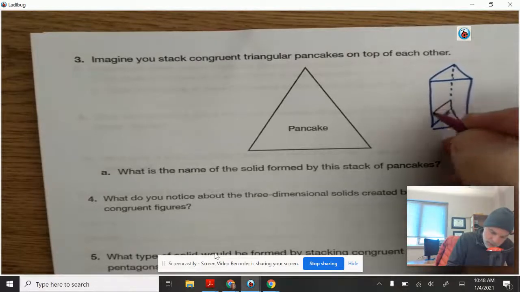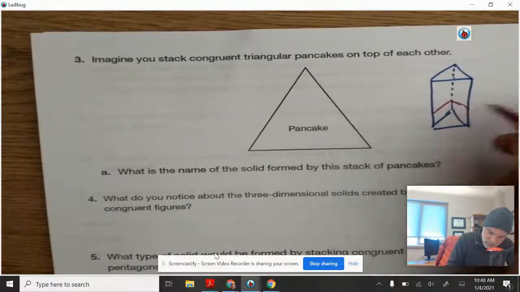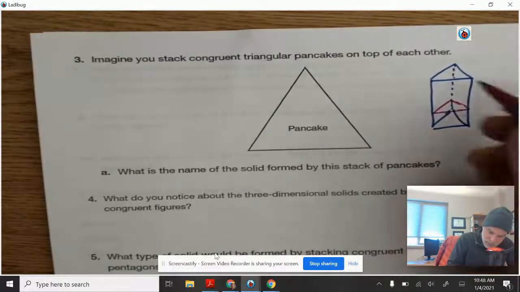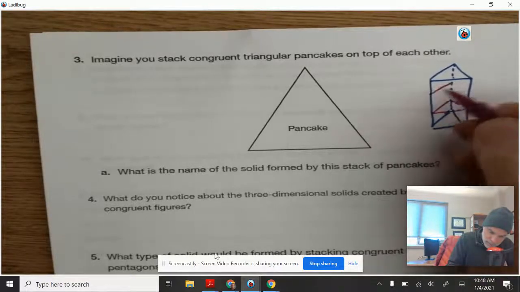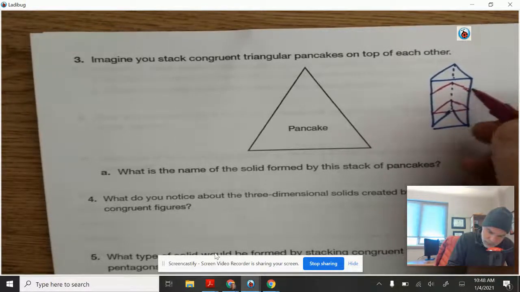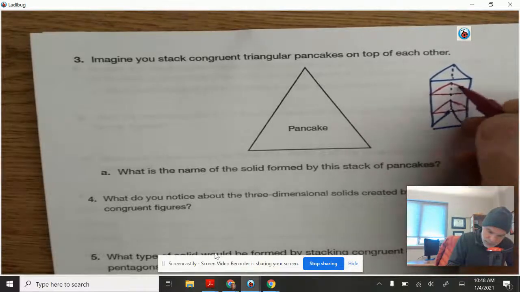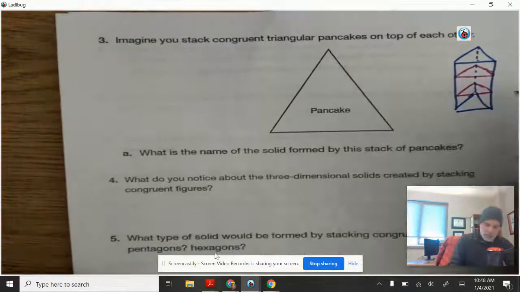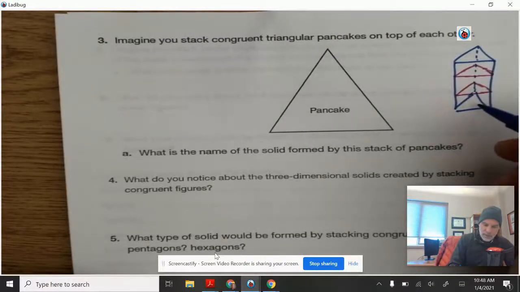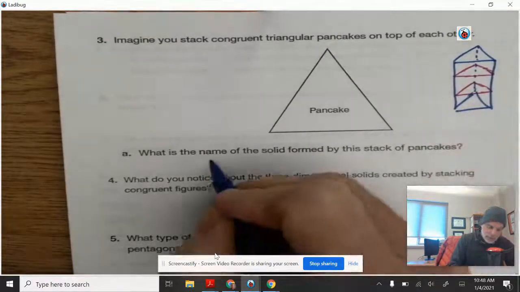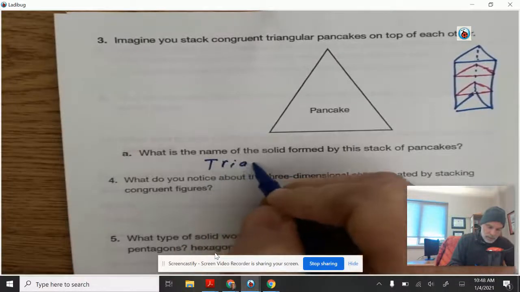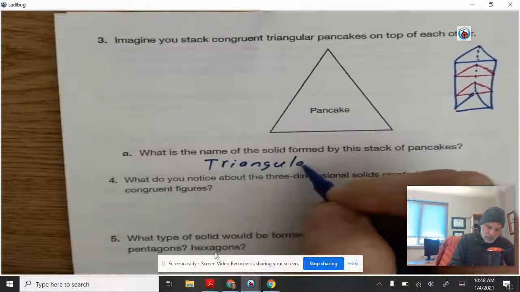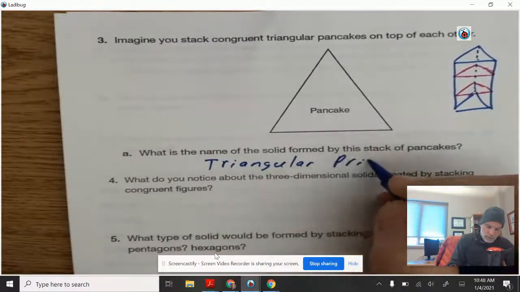So if you can think of this triangle being stacked consistently all the way through, this is still a prism because it has the same base on top and bottom. So we would name this a triangular prism.